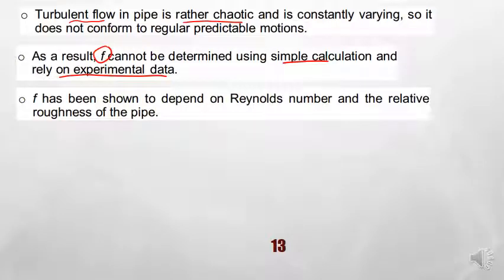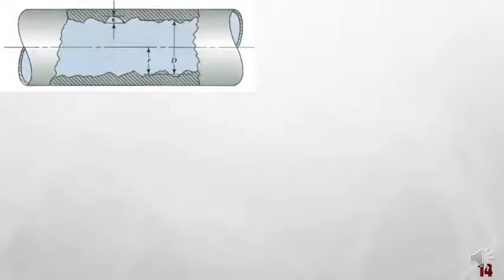Basically, in order to calculate the friction loss that occurs in turbulent flow, F relies on the Reynolds number, and it is related as well to the roughness of the pipe. So this is the condition inside a pipe.